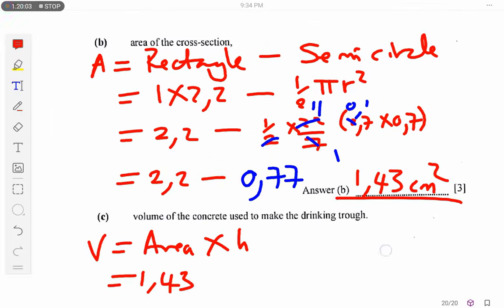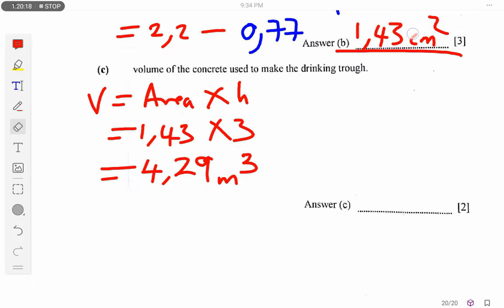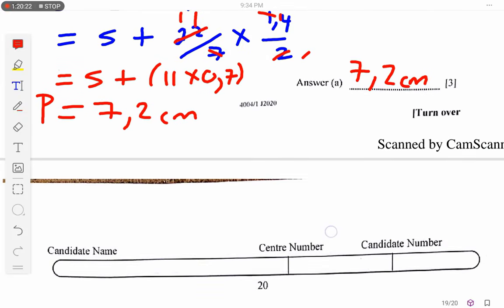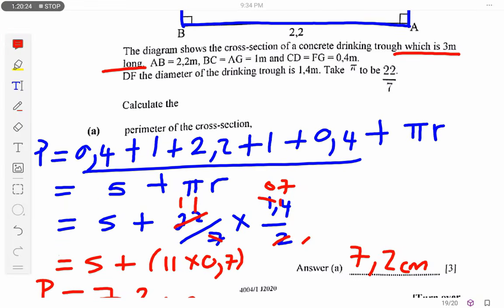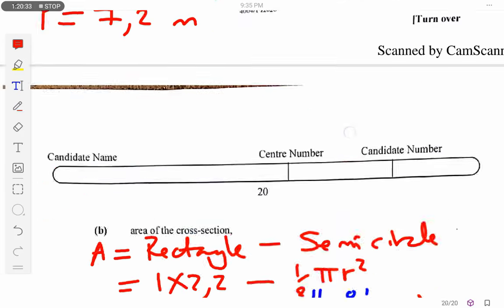So we can simply say 1.43 times 3, and we get our volume as 4.29 m cubed. Okay, I was using centimeters, it's m only there on the previous answer. It's m, not centimeters there. Please correct that.